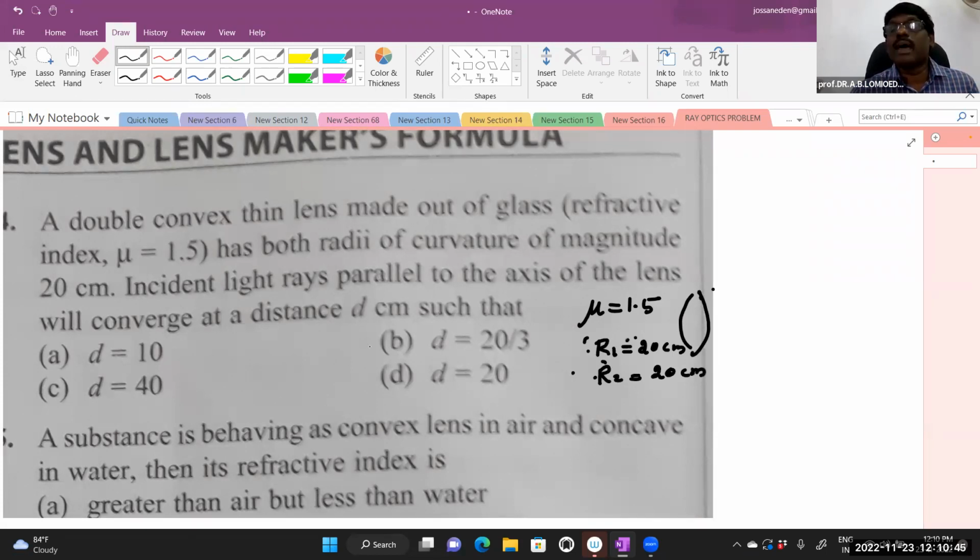The incident light rays parallel to the axis of the lens will converge at a distance d centimeter such that, what is the question?